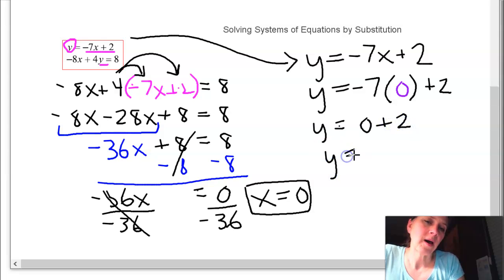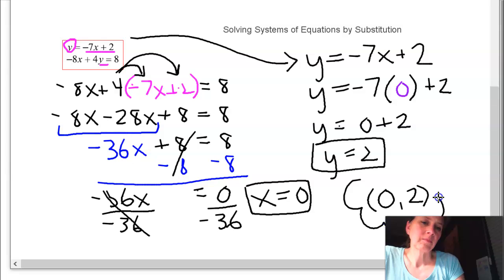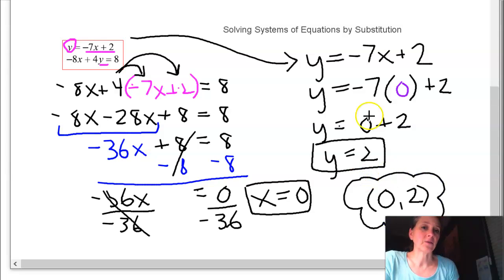So my y is 2. I now have an x and a y. So the solution for the whole thing is just a coordinate point where x is 0 and y is 2. And that's my solution for the whole thing.